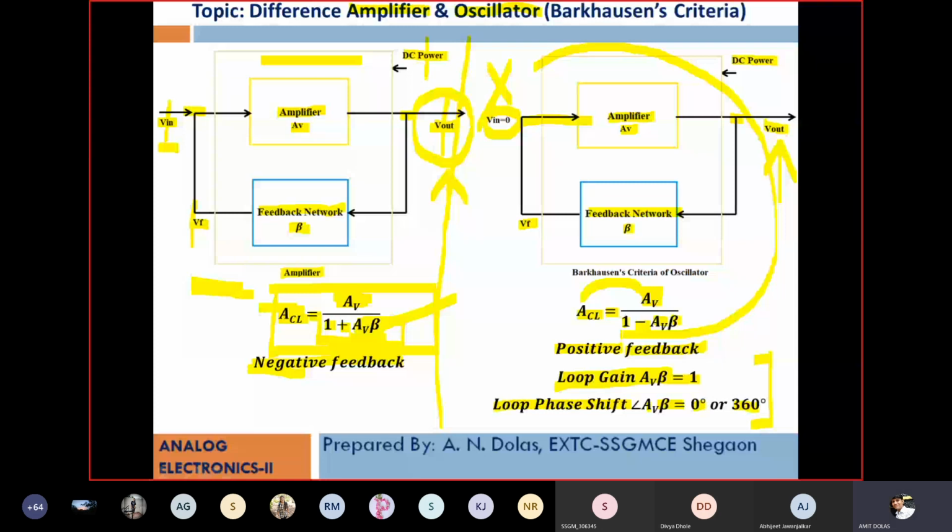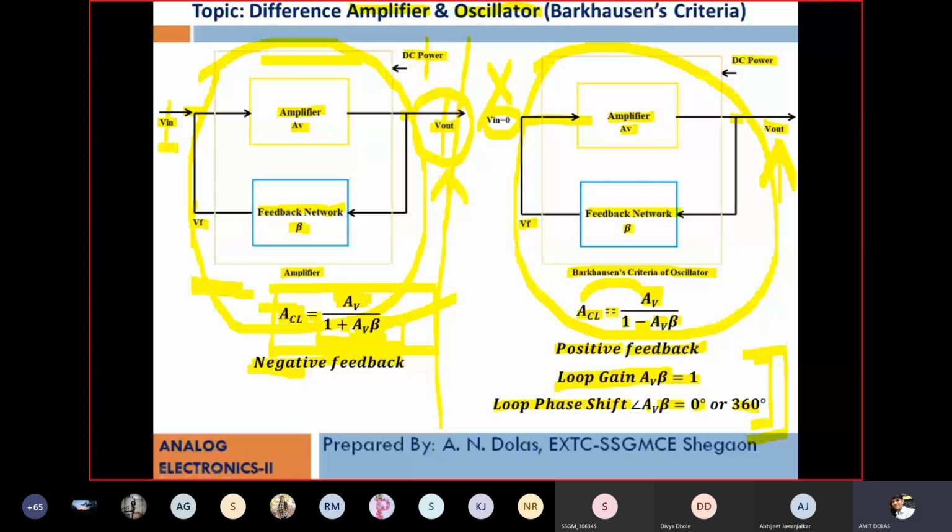Previously we have seen a stable system, but as these two conditions are met, it will follow the Barkhausen criteria and the system becomes highly unstable and will get oscillation, meaning output will start oscillating. It will not be stable at any instant.